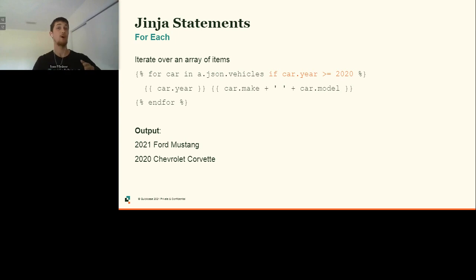So we loop through all of the vehicles in the array, but we only do something if the car year meets that condition. At the bottom, the output no longer has the 2017 Dodge Viper because it didn't pass that logical condition.